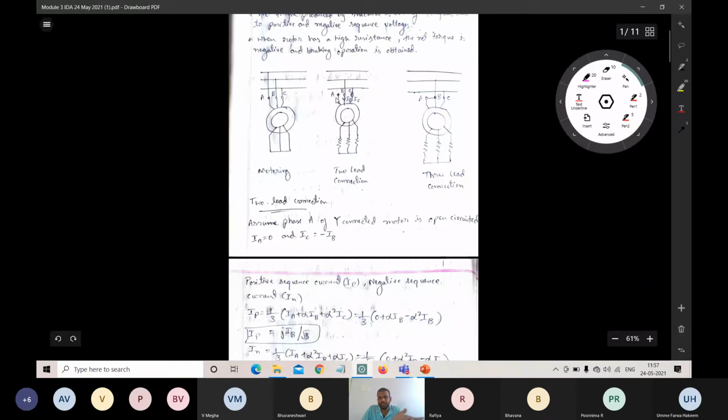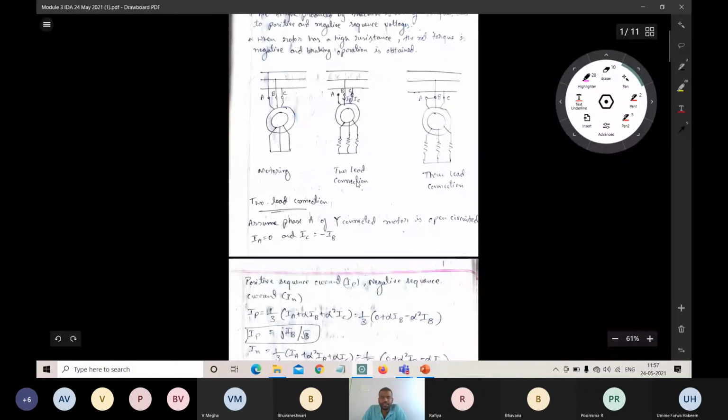In the 3-lead connection, instead of leaving it as it is, we short the one phase with the neighboring two phases. So this is the main difference between the 2-lead connection and the 3-lead connection.